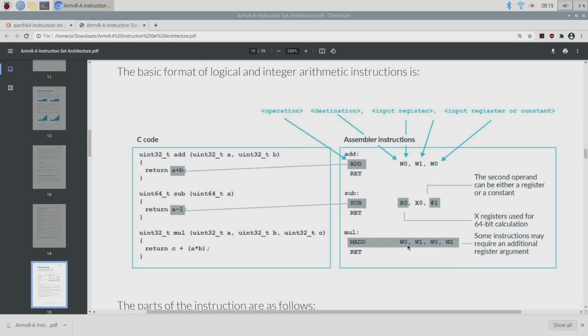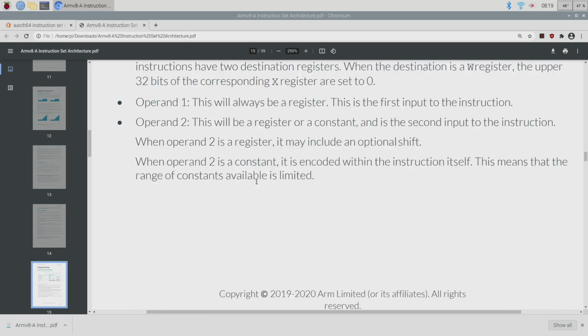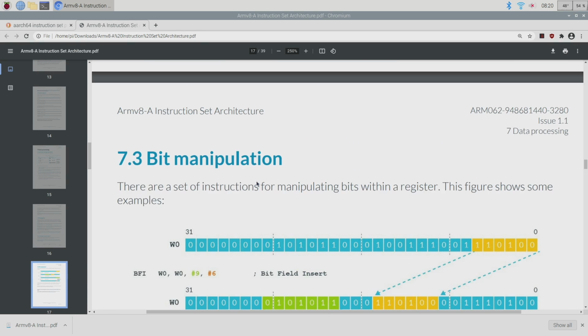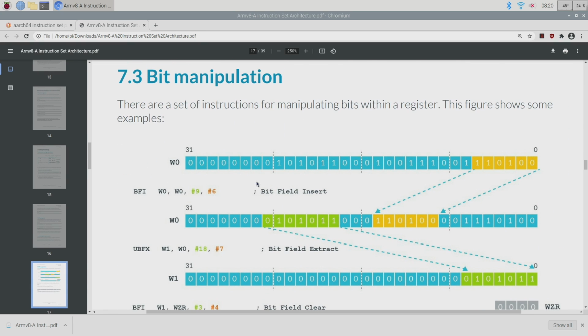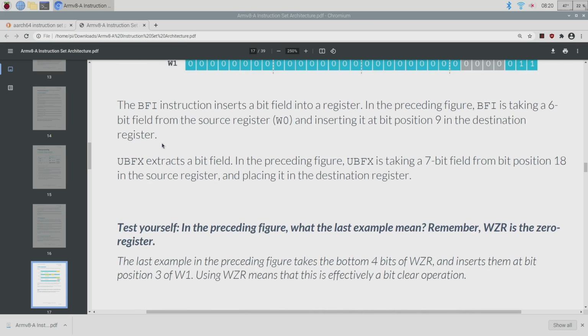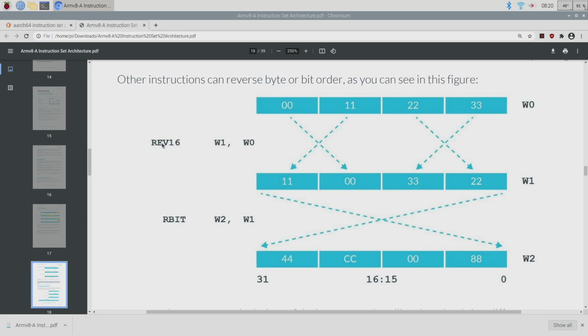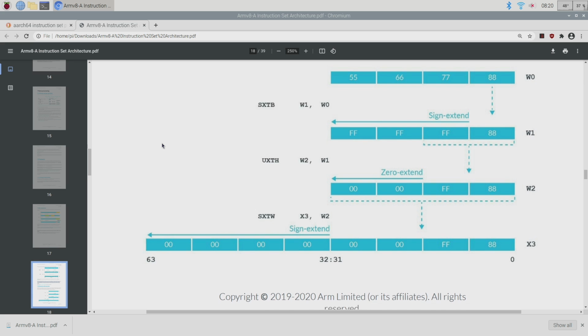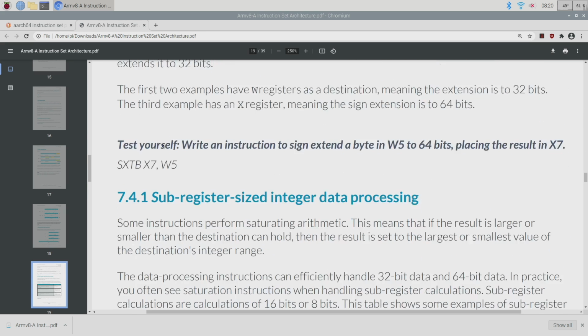We'll talk, like I said, more about the multiply and add instruction in a minute. Okay, floating point stuff, we'll get to that later. There's also a bunch of bit manipulation operations, and most of these we don't necessarily need, but some of the ones that we do need are things like extension, which we'll talk about later when we need it.